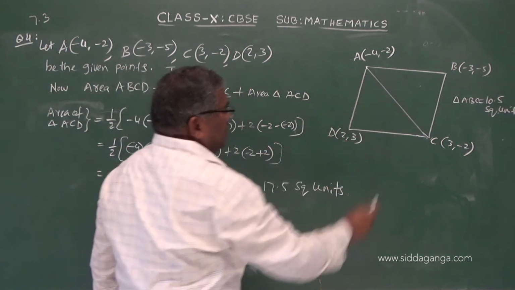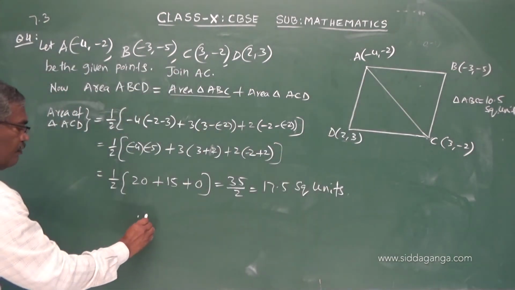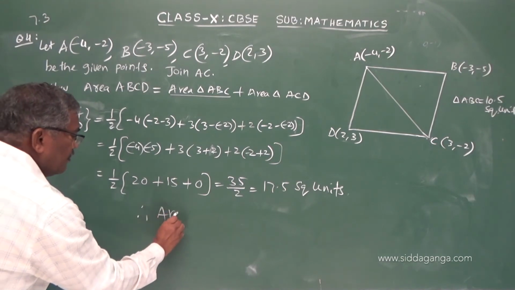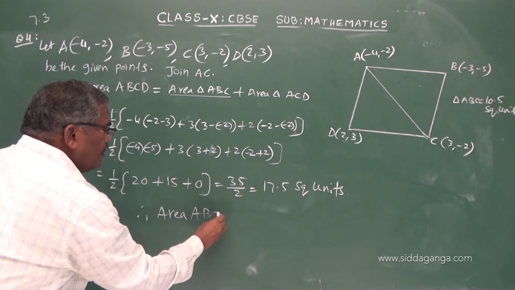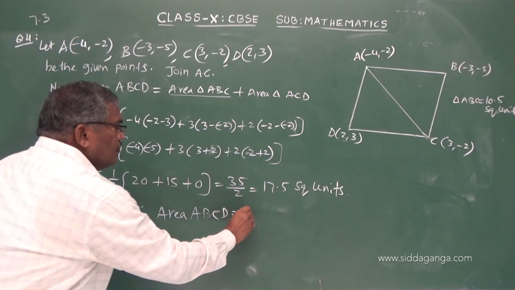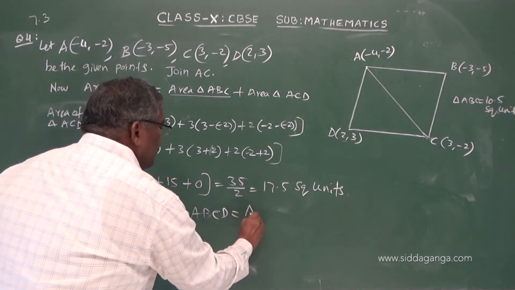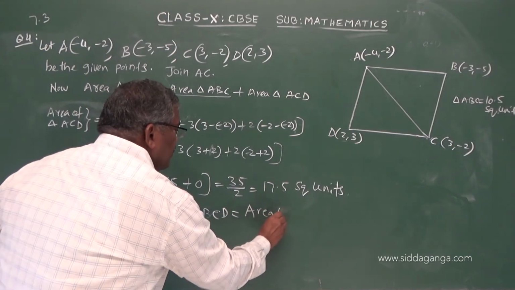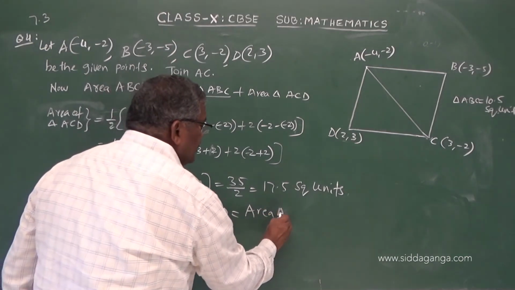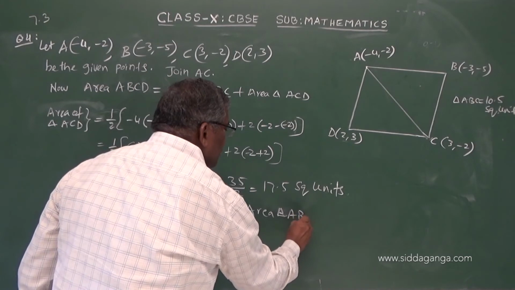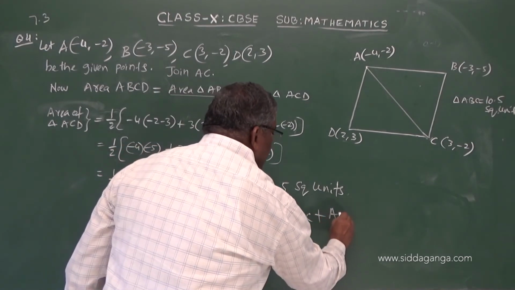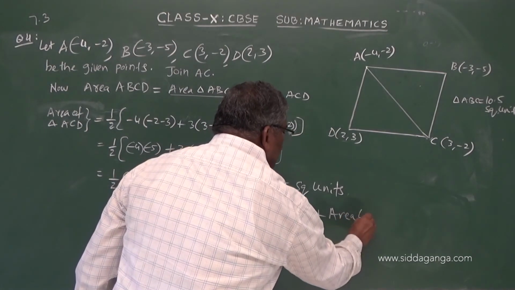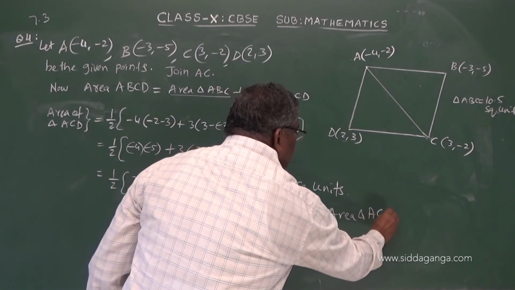Total area is asked. So therefore area ABCD equals area triangle ABC plus area triangle ACD.